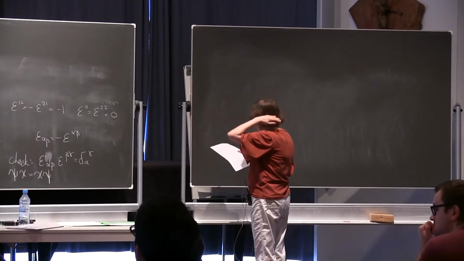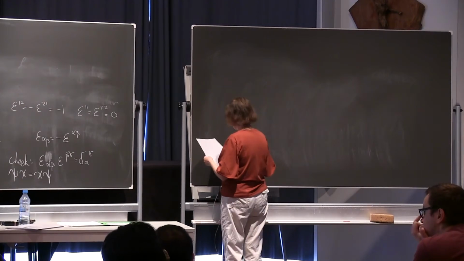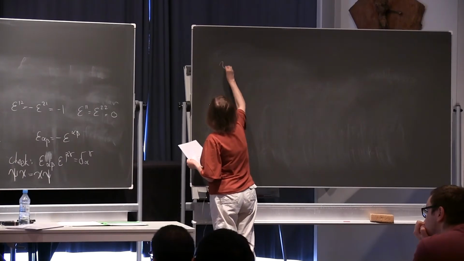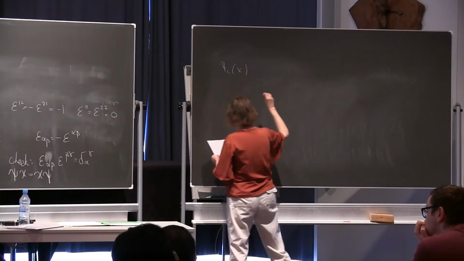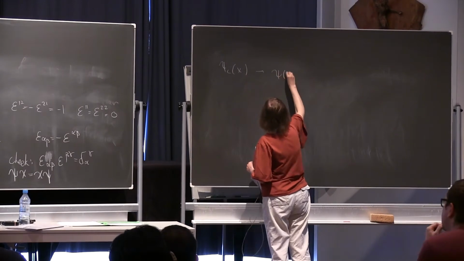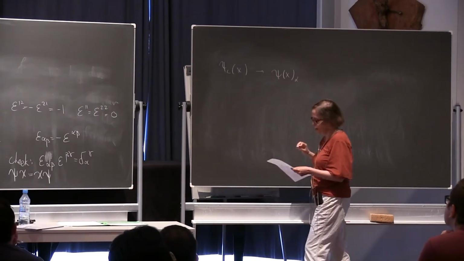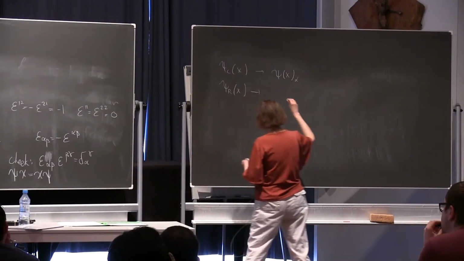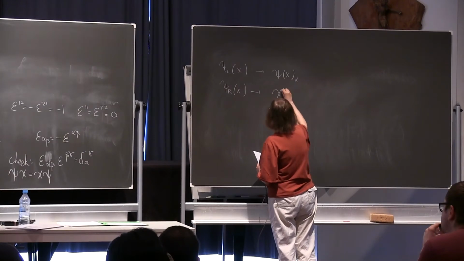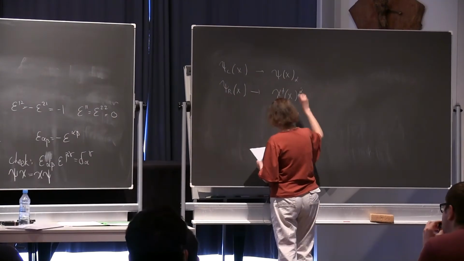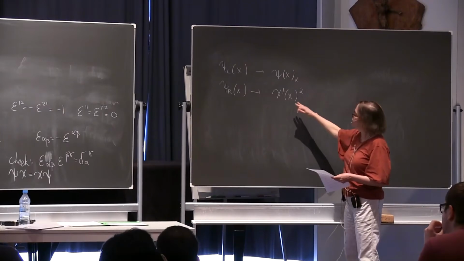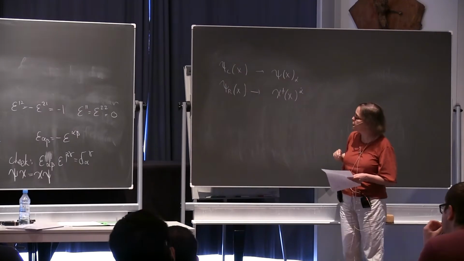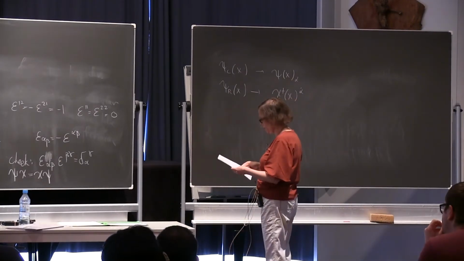Okay, so for a left-handed spinor psi, I'm going to write it as psi with an index alpha. For a right-handed spinor chi, I'm going to write it as chi dagger with an index alpha dot. So this is the way left-handed spinors are going to be written. This is the way right-handed spinors are going to be written.